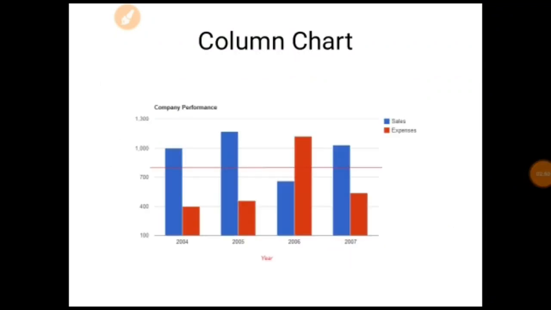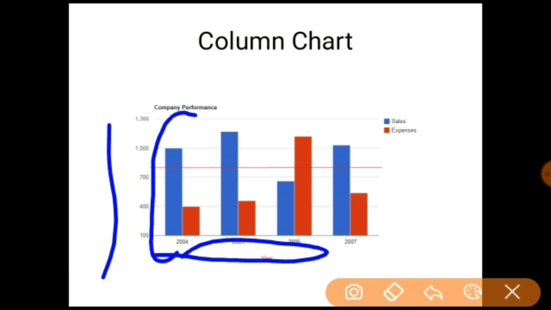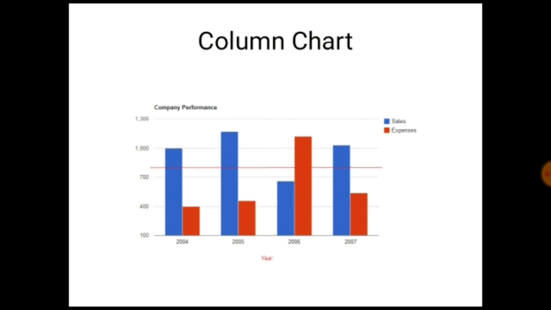column chart means where you have different values and categories. This is known as your value and this is the categories. So when you want to show your values and categories in vertical form, the standing position, that is known as column chart.